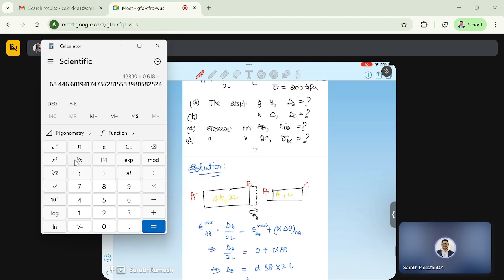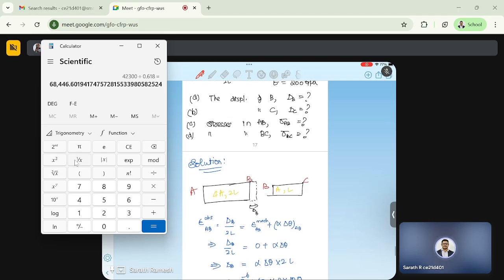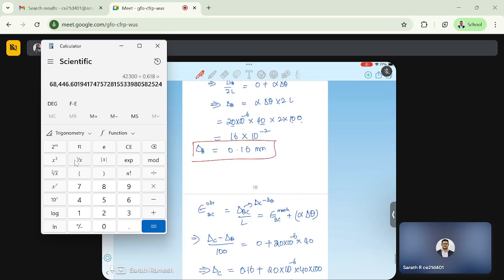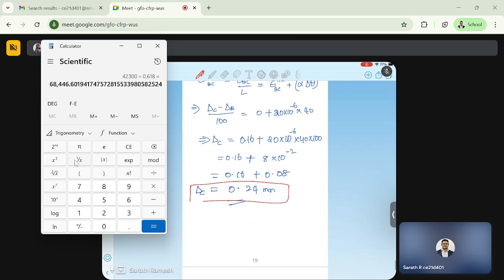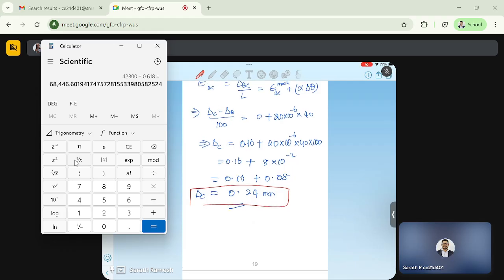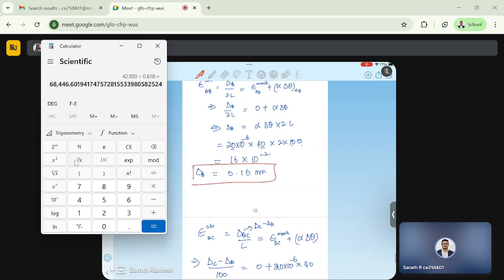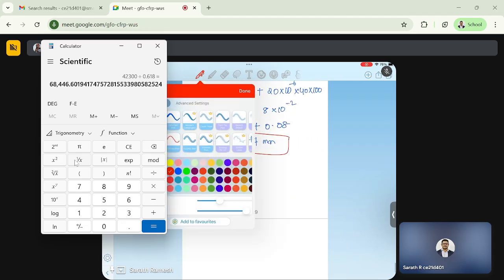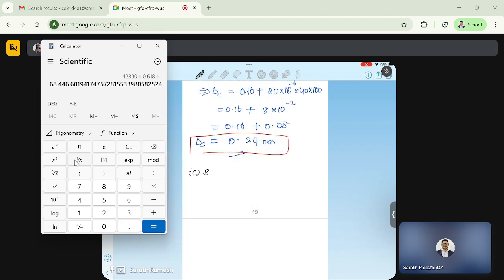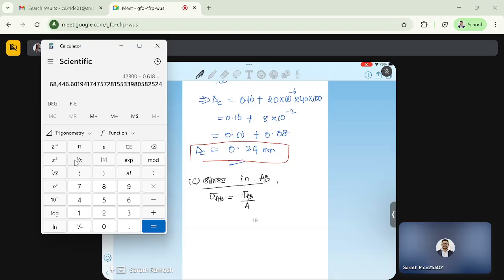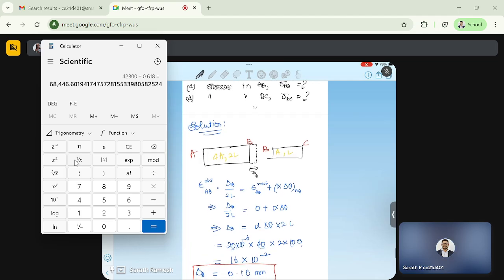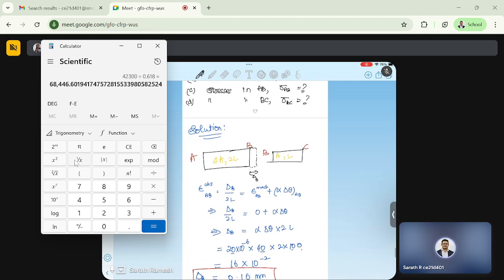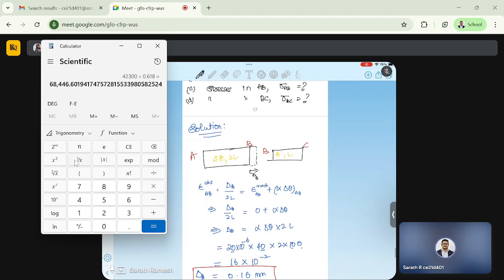Next question: stresses in AB and stresses in BC. Is there any stress in AB? Stress in AB is given by sigma AB equal to force in AB by area of AB, right? Is there any stress in AB? No, because there's no force. And BC is also the same, there is no external force.